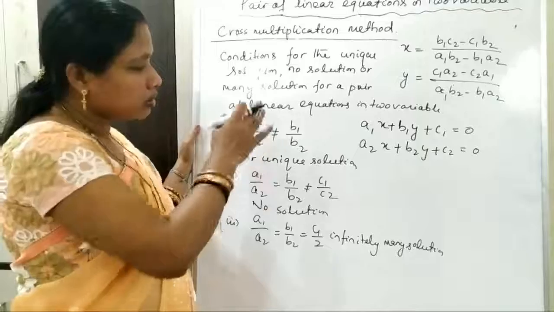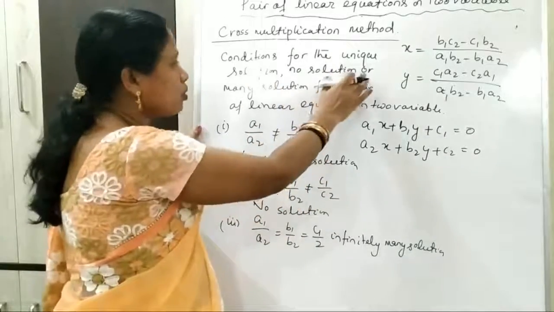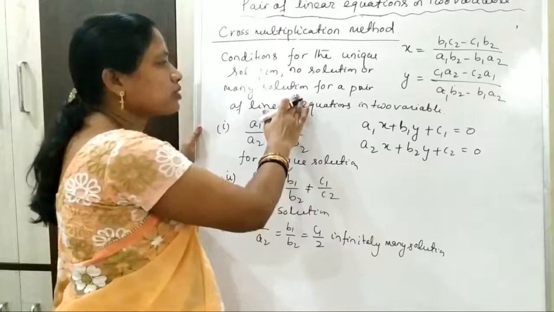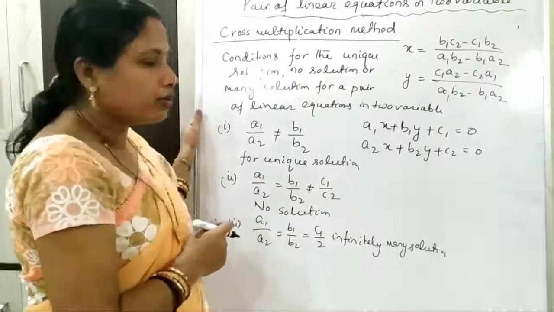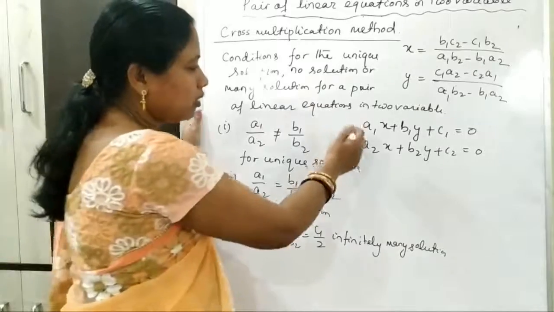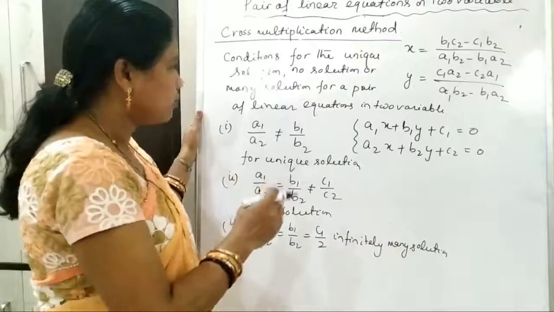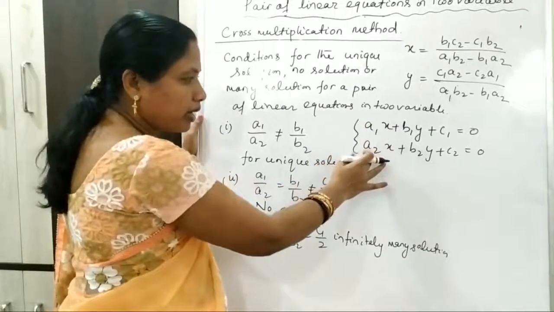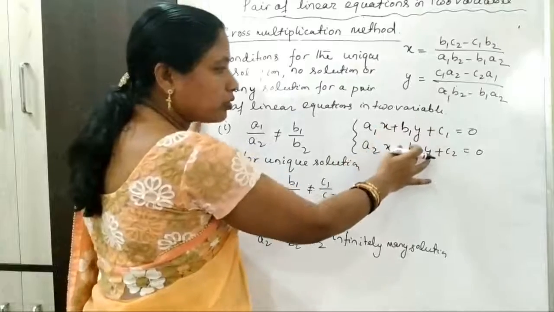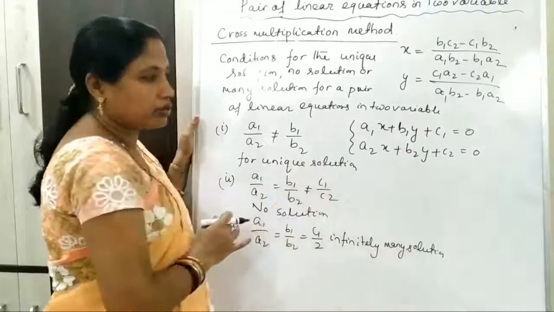So what is the condition for getting unique solution, no solution or many solutions while we are solving a pair of linear equations in two variables? So the condition is if A1 by A2 is not equal to B1 by B2, then we will get a unique solution.